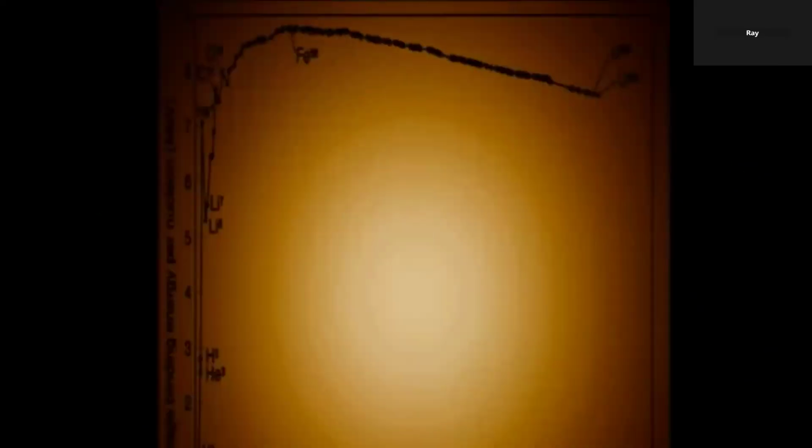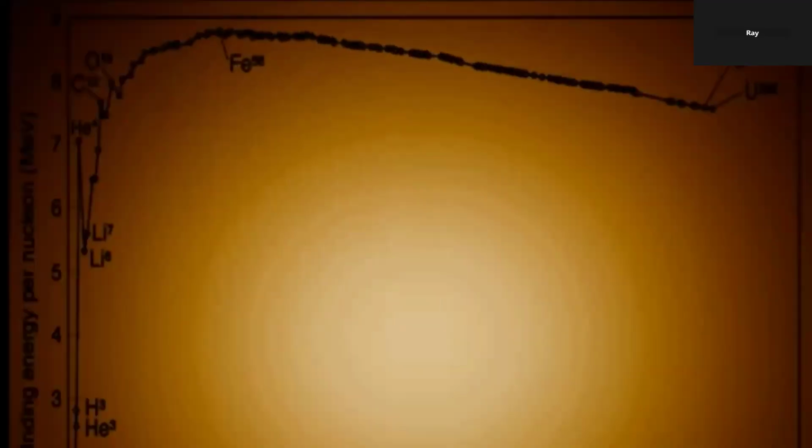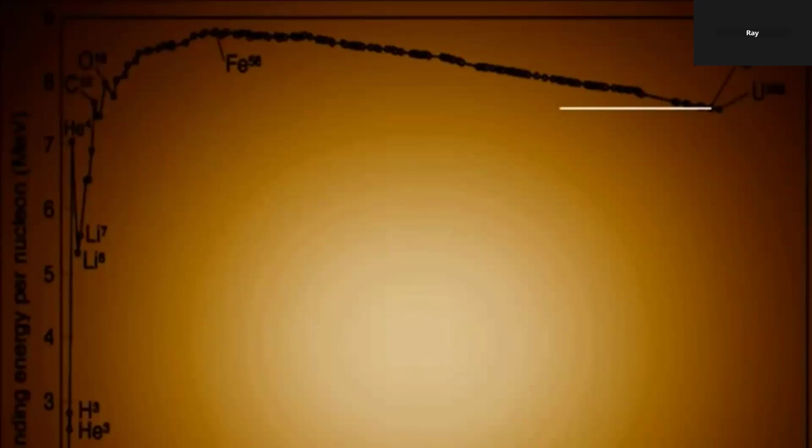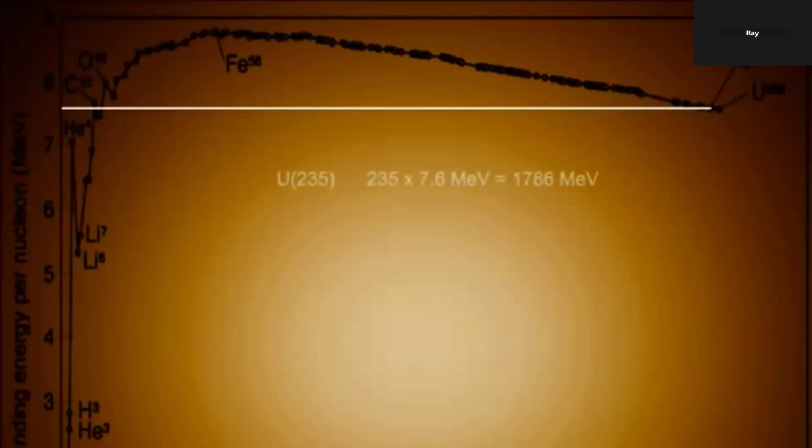Now let's consider what this means from an energy perspective. According to the binding energy chart, uranium has 7.6 MeV of binding energy for each nucleon, for a total of 1,786 MeV.